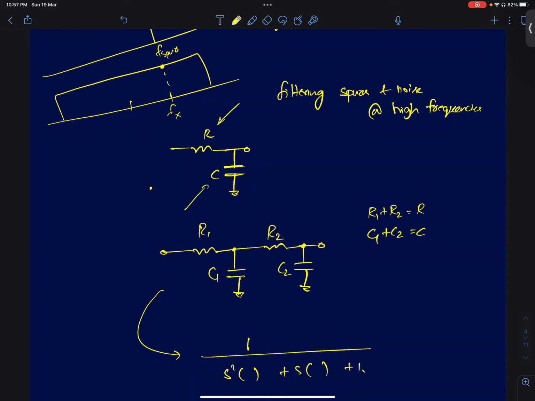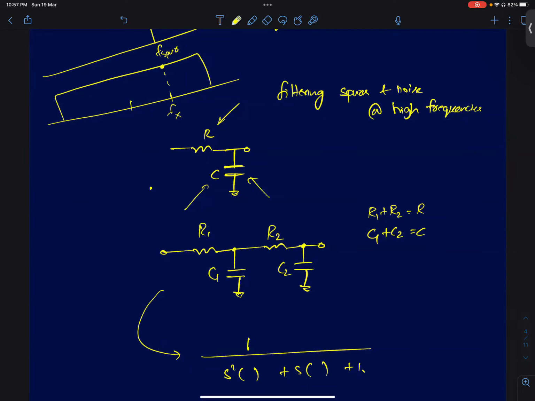Semiconductor resistors are typically fabricated on chip, and you just dope some region using specific impurities. Then you can control the resistance of that material. Any standard textbook on semiconductor device physics will explain how resistors are fabricated. Capacitors come in two different flavors.